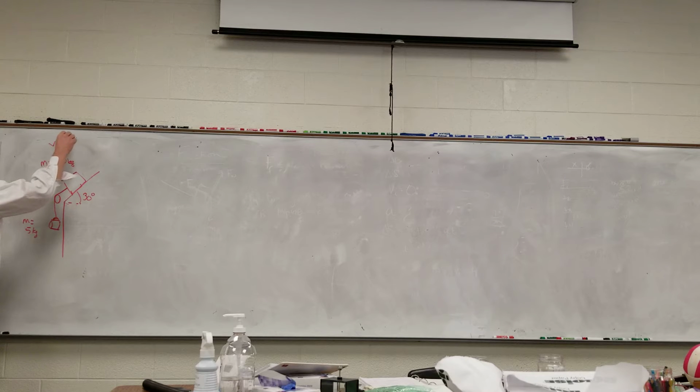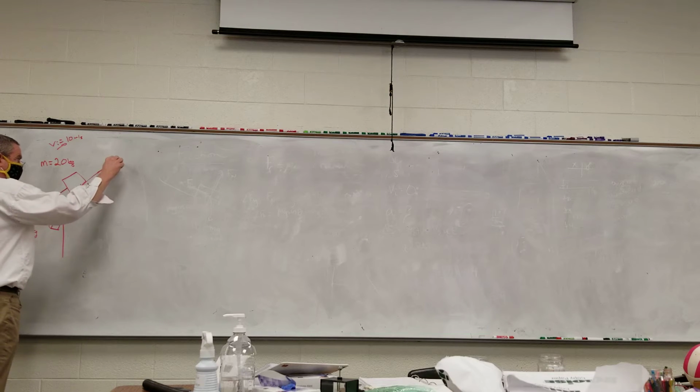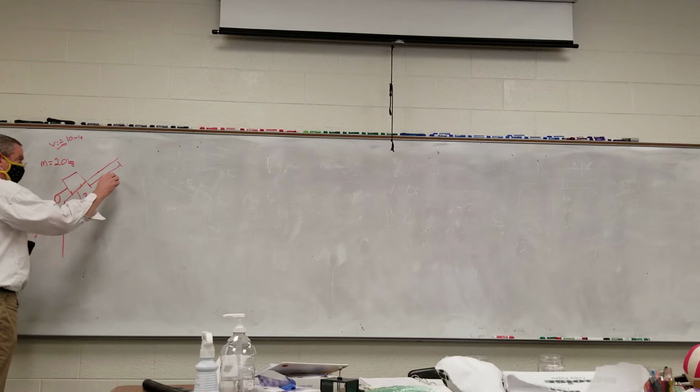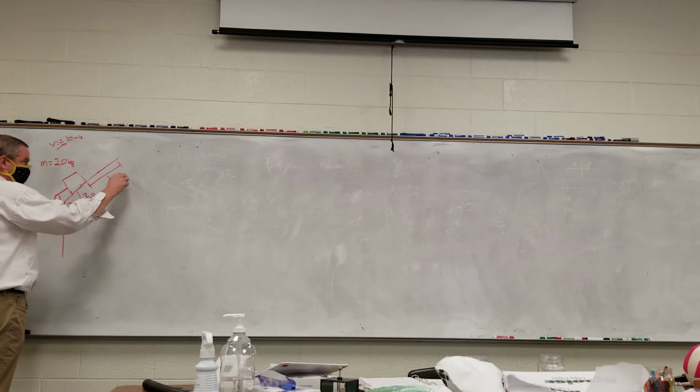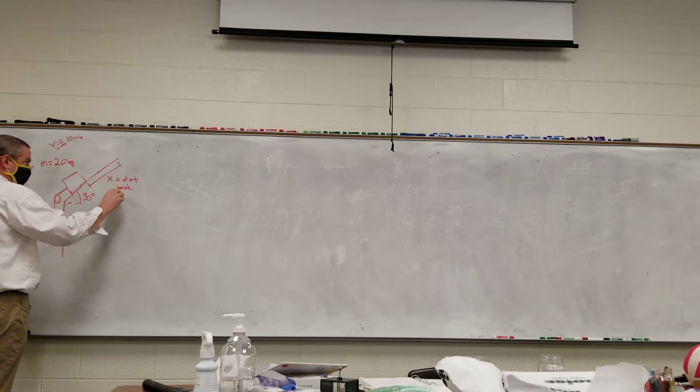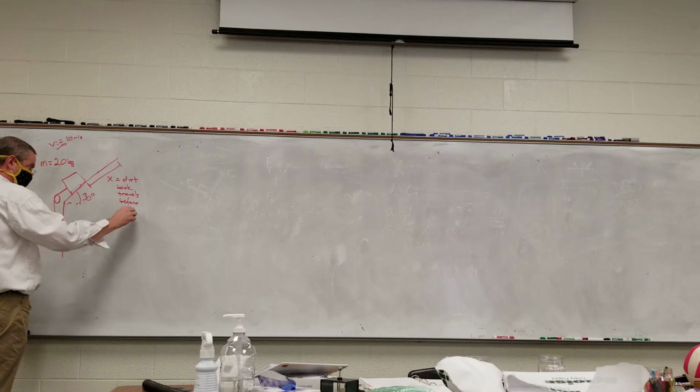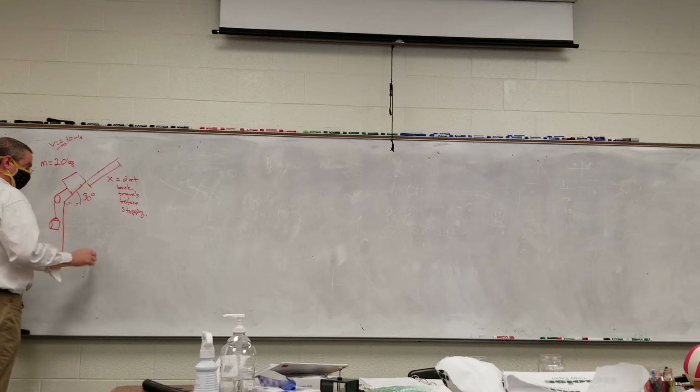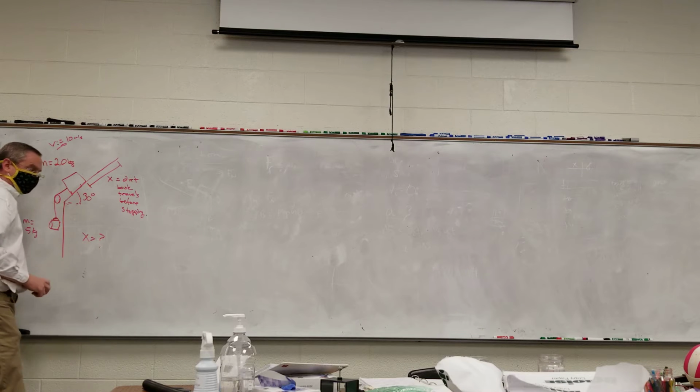Initial speed is up the ramp, and make it 10 meters per second. And x is the distance the book travels before stopping. What I want to know is, what is x?